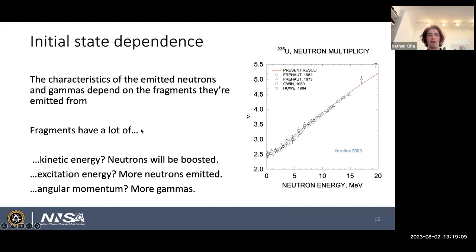So if the fragments have a lot of kinetic energy, well, the fragments will be moving faster, and so the neutrons will be more boosted. We might see higher energy neutrons in the lab frame.